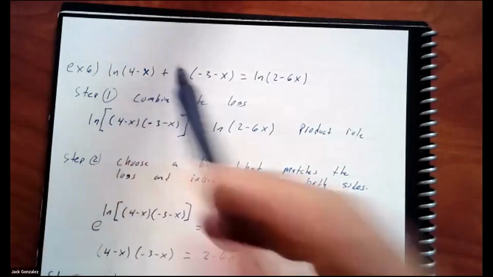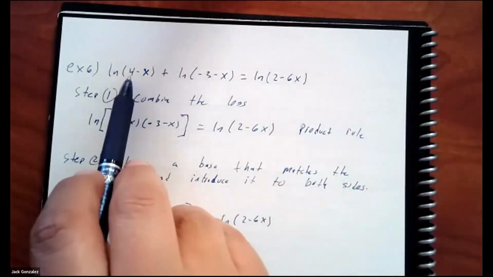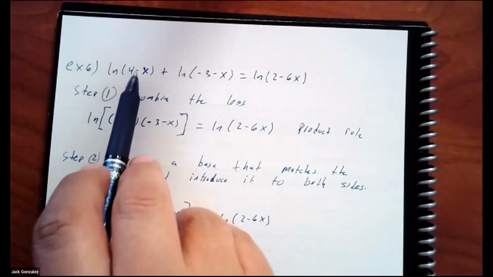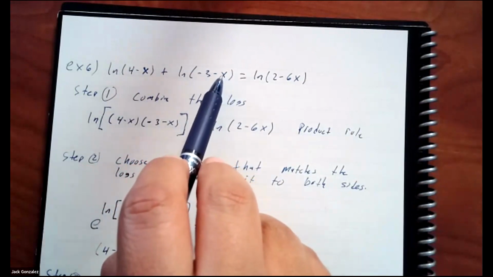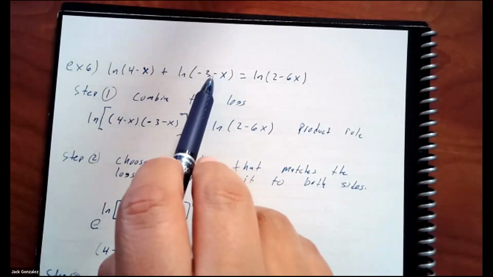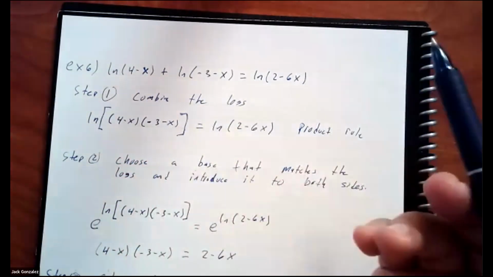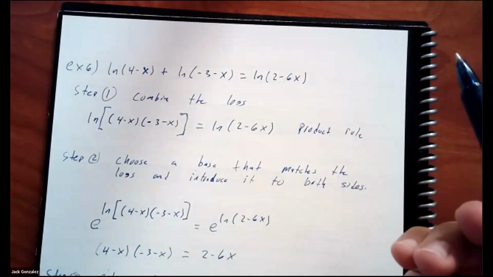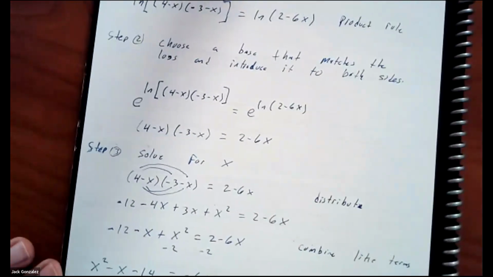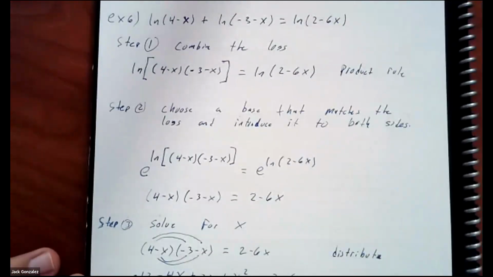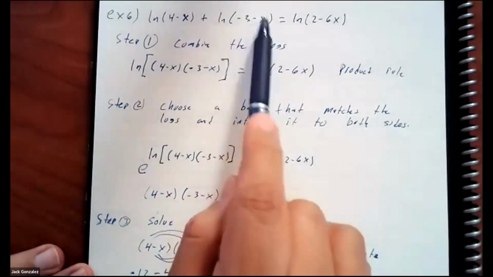If I plug in 2, 4 - 2 is positive, so that's fine. -3 - 2, is that positive? No, -3 - 2 is -5. Negative 6. So this is a negative.